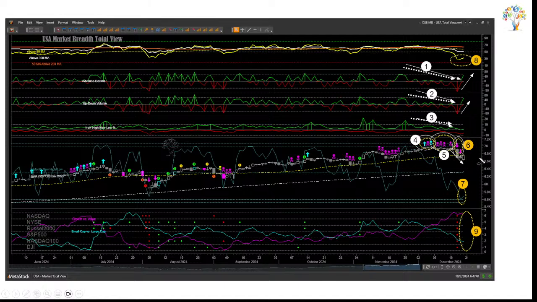Again, thanks to Mr. Ian Woodward. It did come to the extremely oversold level in terms of 3-month new high low and ticked up.